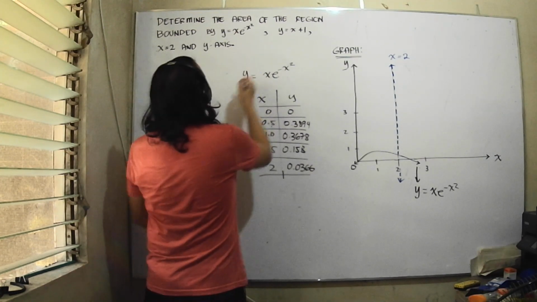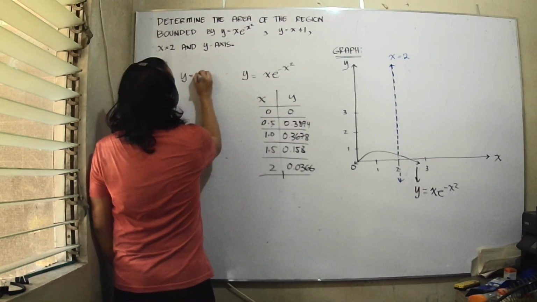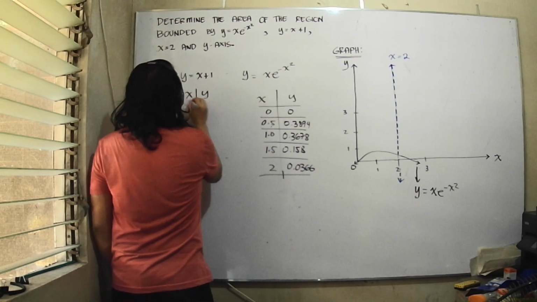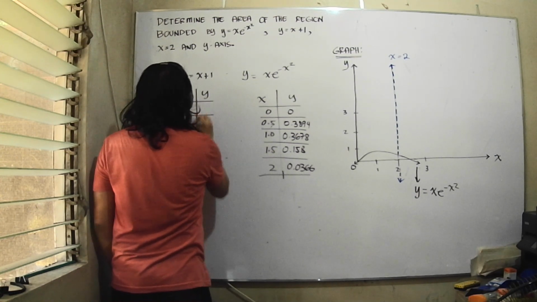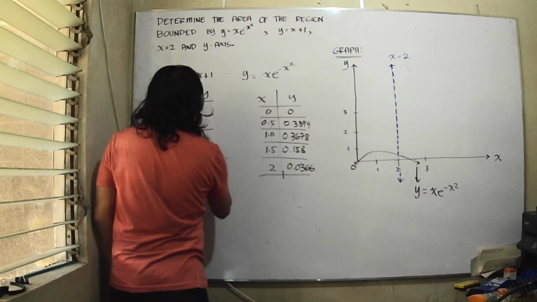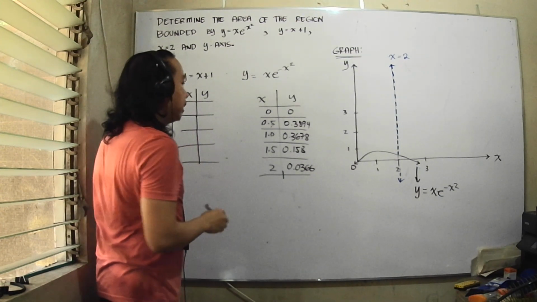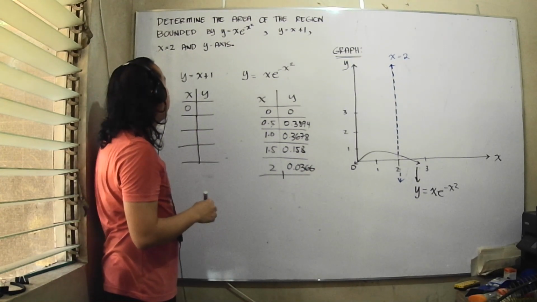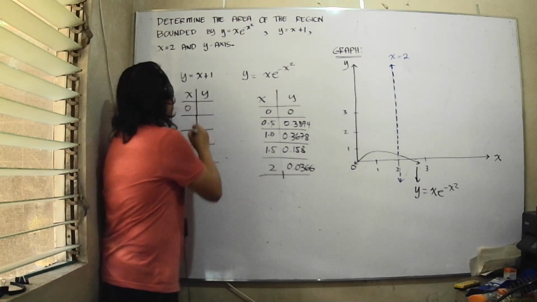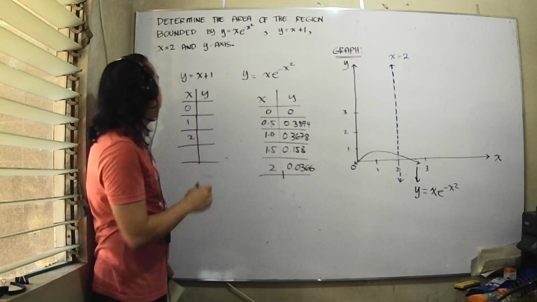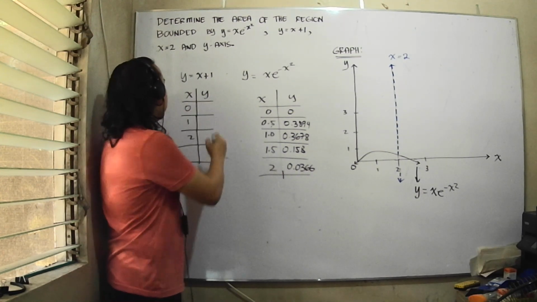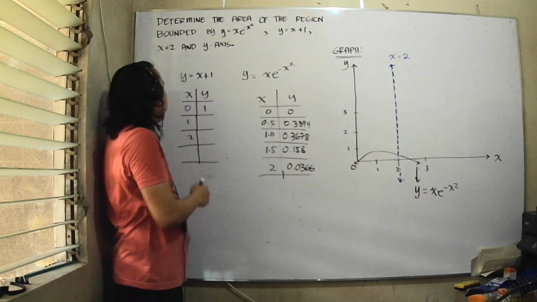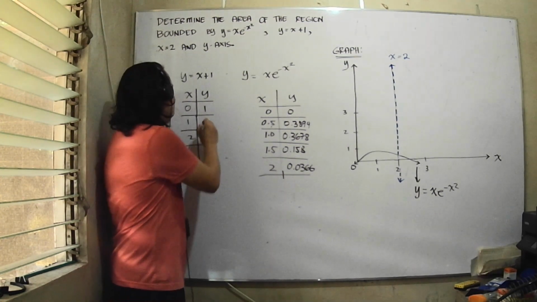Now, for y is equal to x plus 1, let's try that too. When x is equal to 0, what is the value? That should be 1. When x is equal to 1, that should be 2.